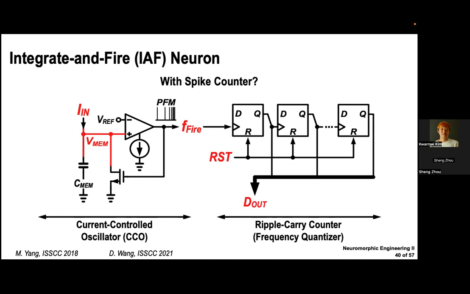And what about the spike counter? If we count the number of spikes within fixed time windows, such as a reset window, then we can interpret this counter as a frequency quantizer. And the integrate-and-fire neuron is actually a current-controlled oscillator.